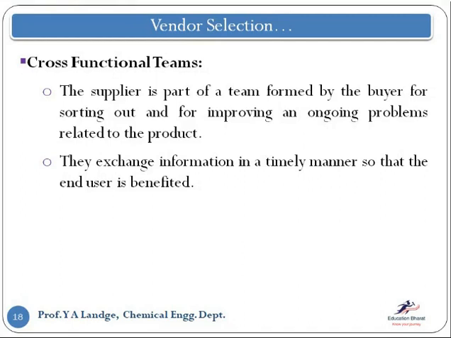A cross-functional team means there is help between these two parties, because many times, say manufacturer company A manufactures the product and sells it in the market, but the end user may face certain problems. They find that one of the components in that product is damaged because of certain quality issues.